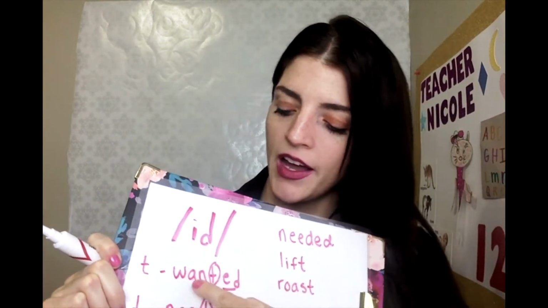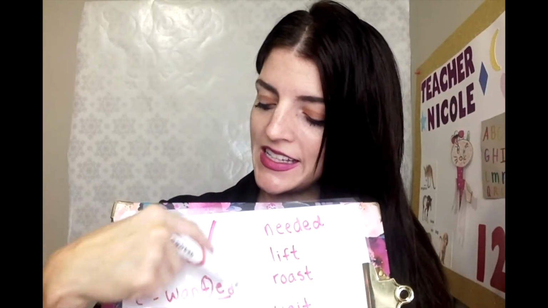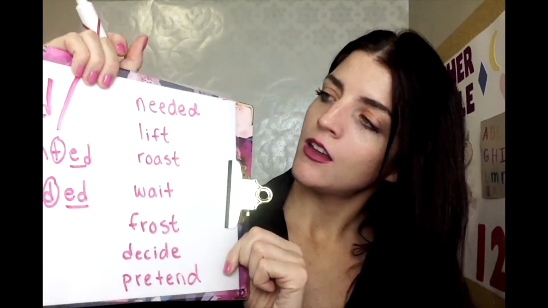For example, I wanted. We don't want to say I wanted. We want to say I wanted. Wanted. Let's practice a few more regular verbs. So, the verb to lift, okay?